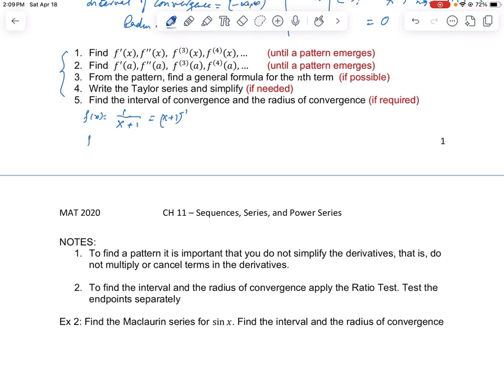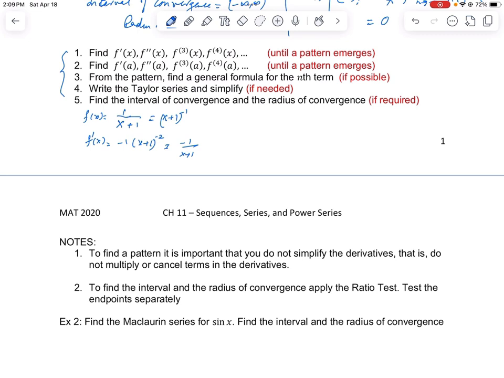So you can see that f prime of x will be negative 1 times (x plus 1) raised to the negative 2. So don't write it like negative 1 over x plus 1 yet. Keep it that way.